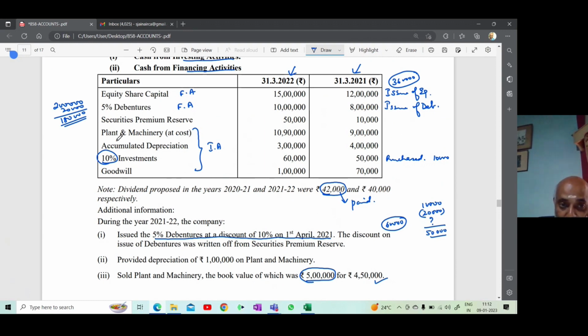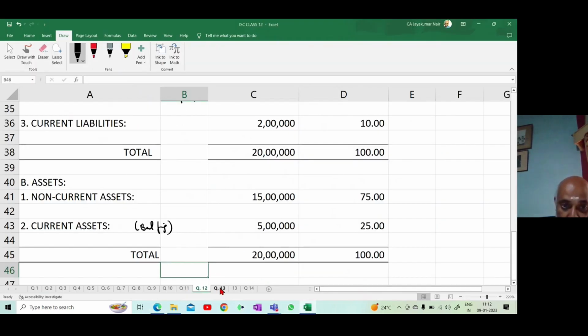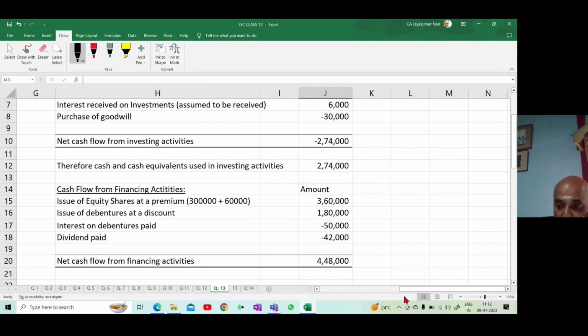So first one, we will open plant and machinery account. Asset account we will prepare.